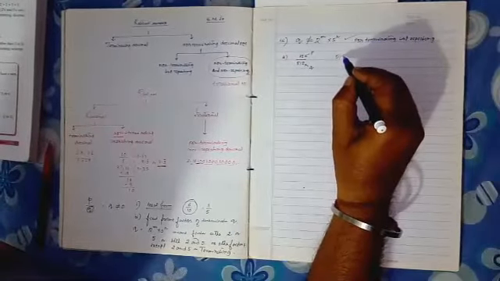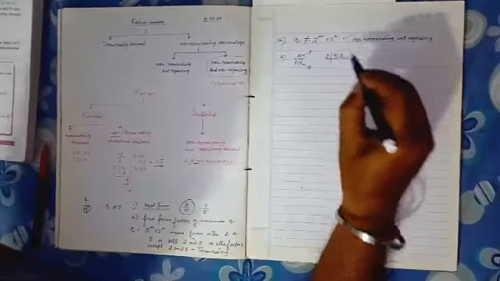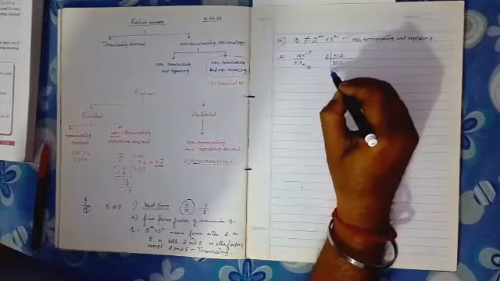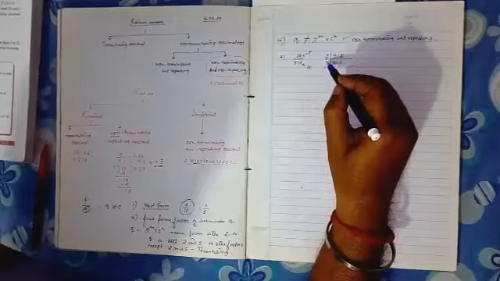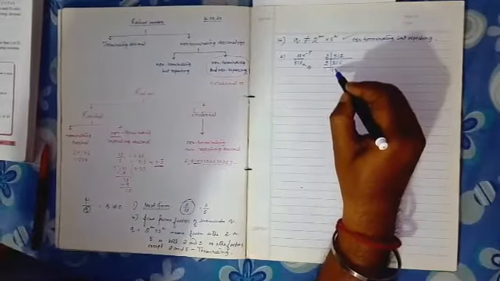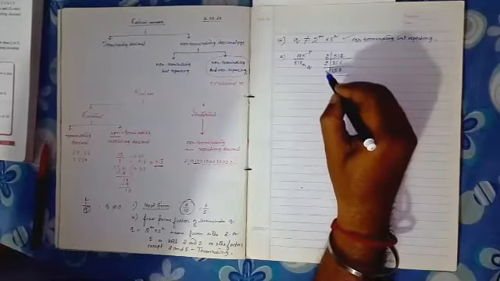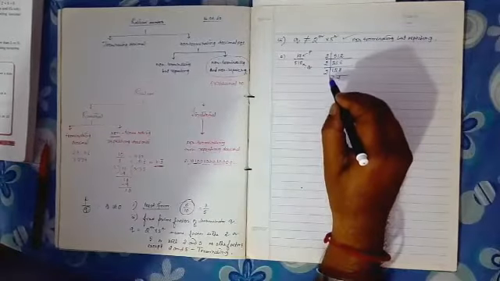So 512, how to find out? Write this, and in this way first 2, 2 fives are 10, 2 sixes are 12. Then 2, 2 twelves are 24, 2 eights are 16. Then 2, 2 sixes are 12, 2 fours are 8.